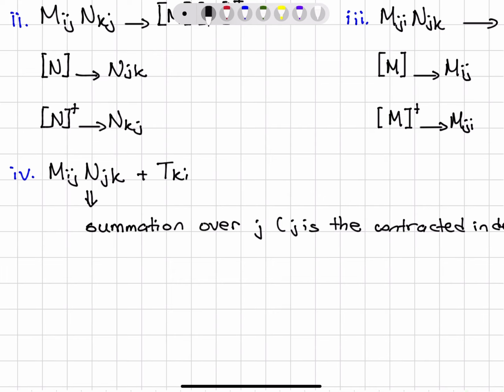So Mij times Njk is basically the product of the M matrix with the N matrix. So let's call this new matrix the L matrix.